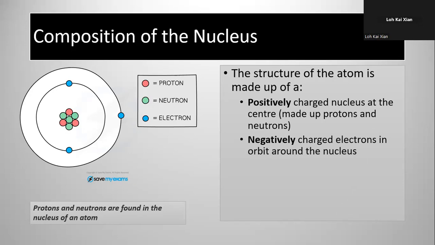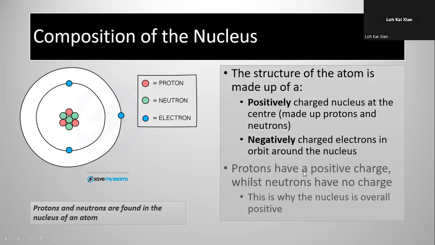The structure of atom is made up of a positively charged nucleus at the center, made up of protons and neutrons, and then negatively charged electrons in orbit around the nucleus. Protons have positive charge, while neutron has no charge.